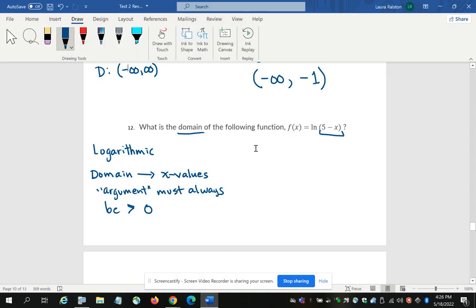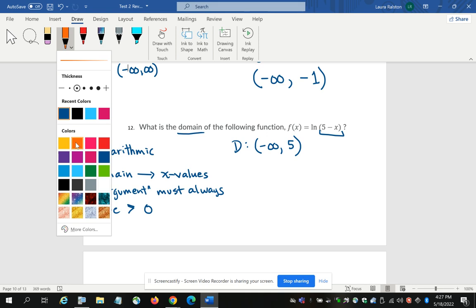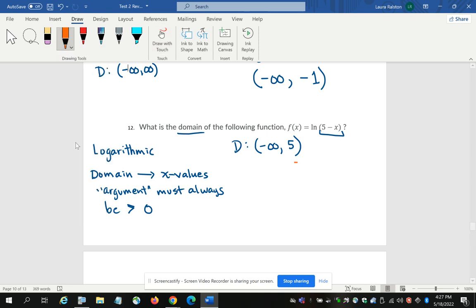So visually, we can see that our domain goes from negative infinity to 5, but we can't use 5. Now again, I can verify that if I don't want to use the graph. I know that 5 minus x has to be greater than 0.